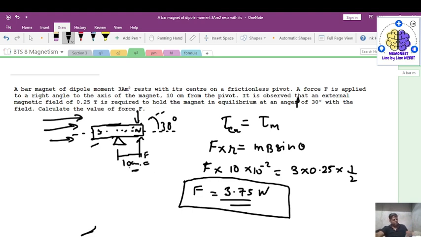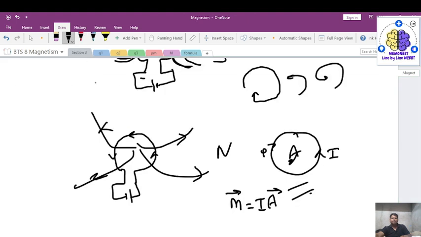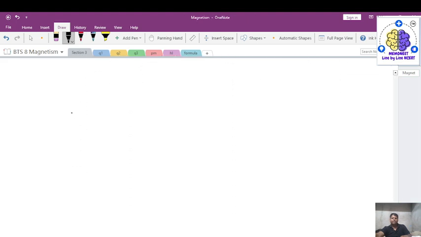So now, moving further, what we have to see is that a bar magnet is equivalent to a solenoid, meaning a solenoid and a bar magnet are equivalent to each other. See, what is a bar magnet? This is a bar magnet. What does this bar magnet have?